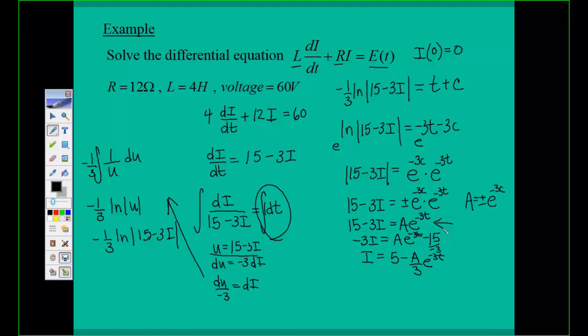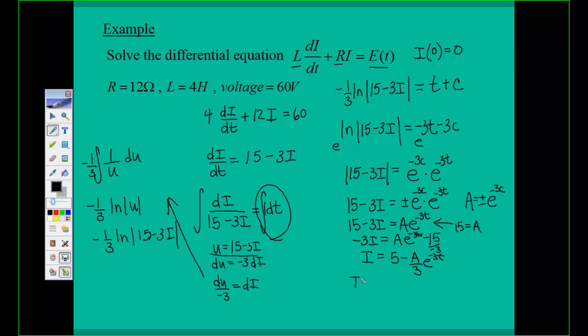So if I plugged 0 in for i and 0 in for t, at this point we would have 15, and minus 3i would go to 0, equals a. e to the negative 3 times 0 would be e to the 0, so that would be just 1. So a equals 15.